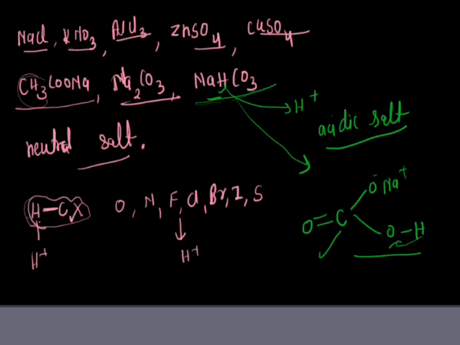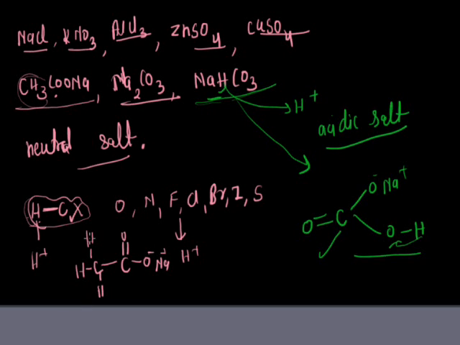But if we draw the structure of sodium acetate, CH3COONa, the structure is this type. If we draw the structure of this salt, this C has 3 H, this type CH3. Now this single bond C, double bond O, O and Na, this negative, this positive.